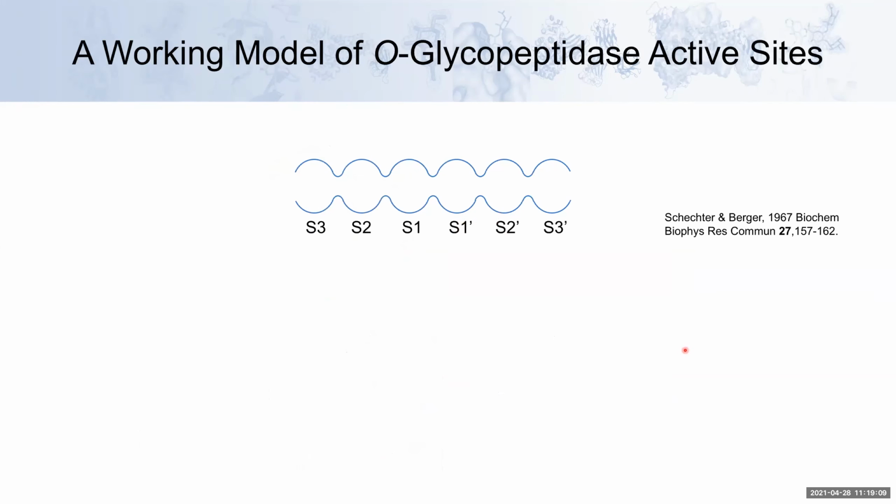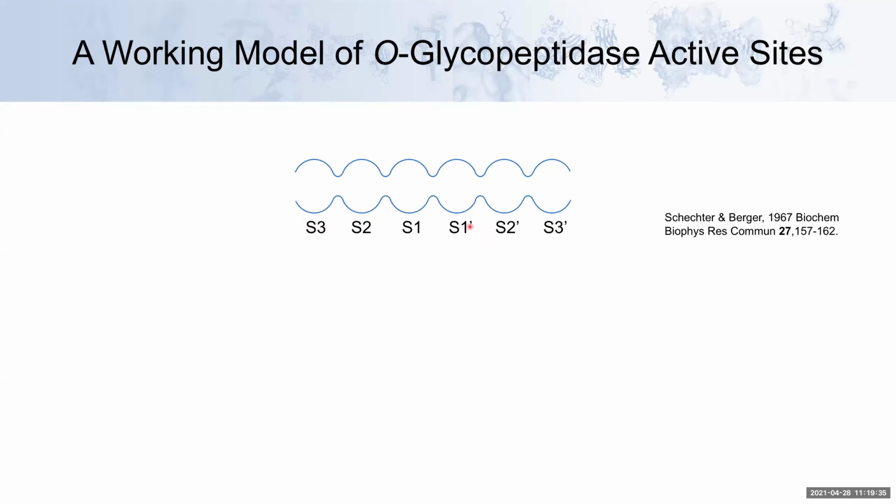But altogether, we can interpret this in terms of what was known about protease active sites or peptidase active sites and how we have to rethink this with these particular set of enzymes. And so this is the really elegant model for a typical peptidase, where a peptidase active site has these subsites, which are termed the S sites, and they're labeled 3, 2, 1.